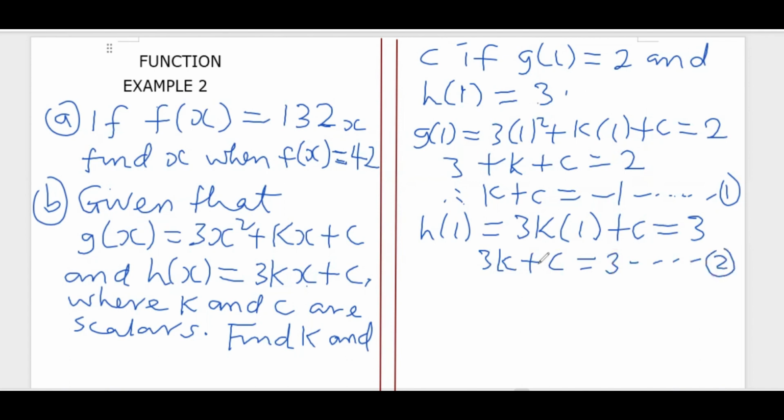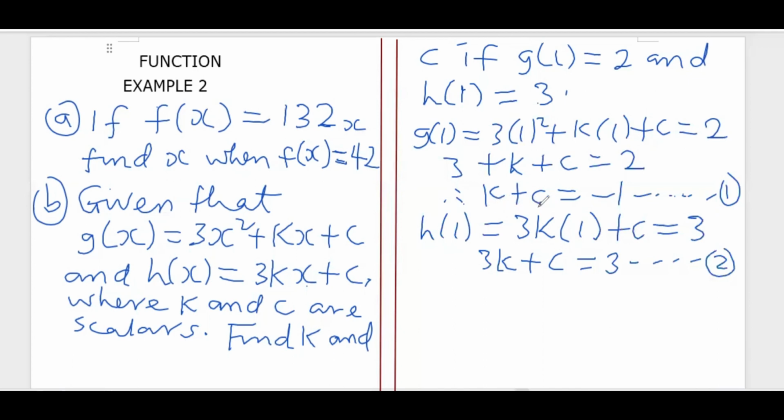Equation 2. So if you look at what this has given us now, it is a simultaneous equation. So you can use any method, either substitution method, elimination method, matrix inversion, or Cramer's rule, anyone you prefer. Here I want to quickly make use of the substitution method.